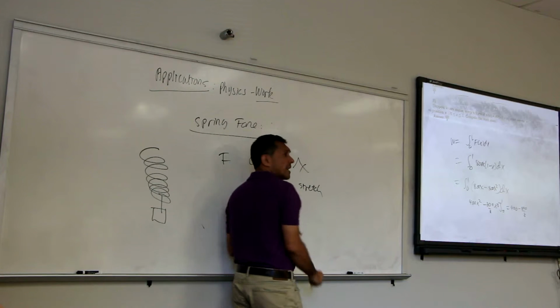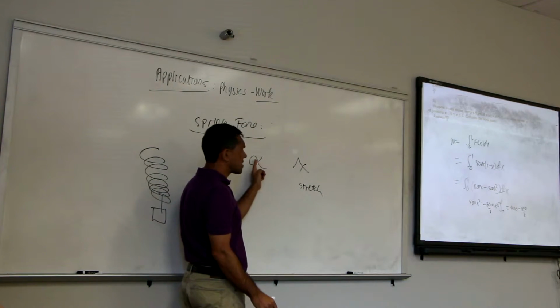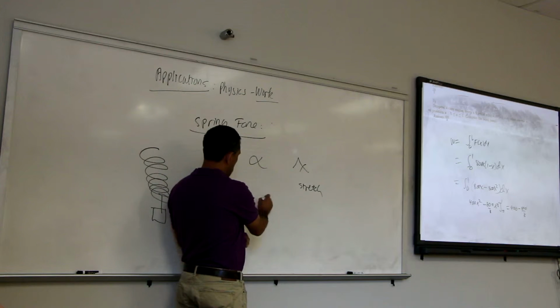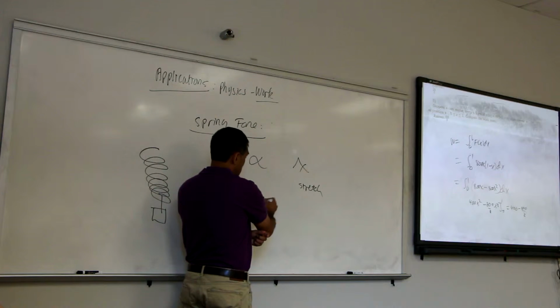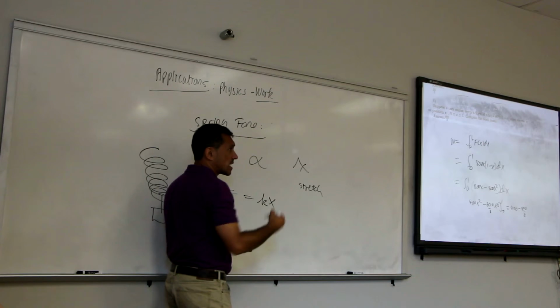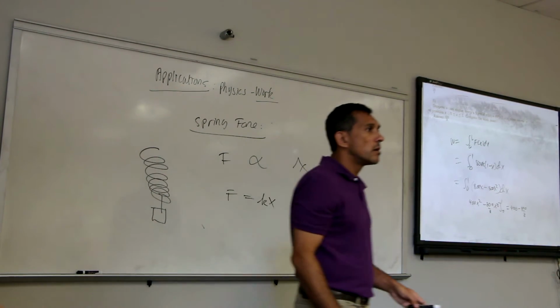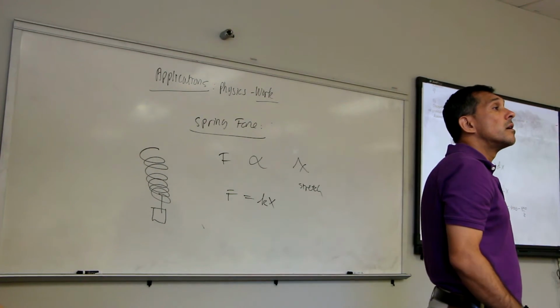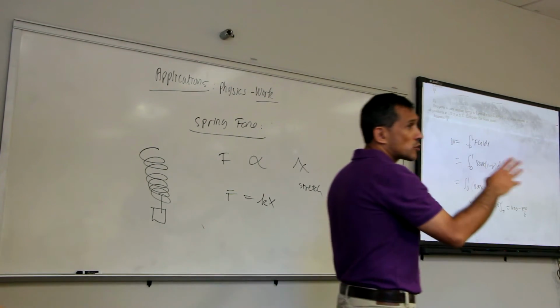And who has had college algebra? How do I make this an equation? I put a constant of proportionality. You want to put a negative there, then your k should be positive.